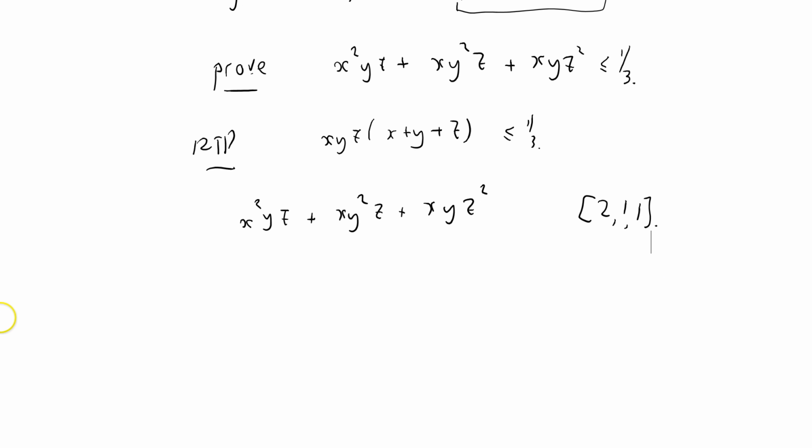So let's just write out the definition of that. The symmetric mean [2, 1, 1] equals, by definition, 1 over 3 factorial times, and then we've got 3 variables, so 3 factorial equals 6 different terms.